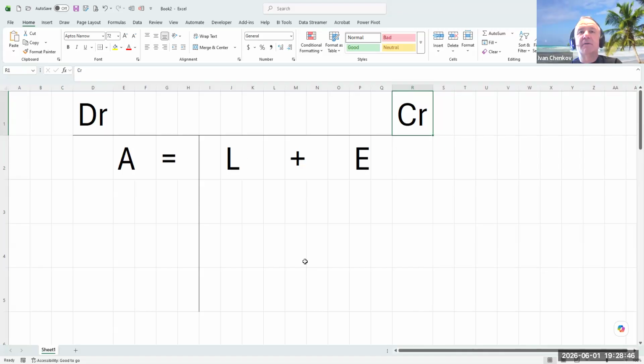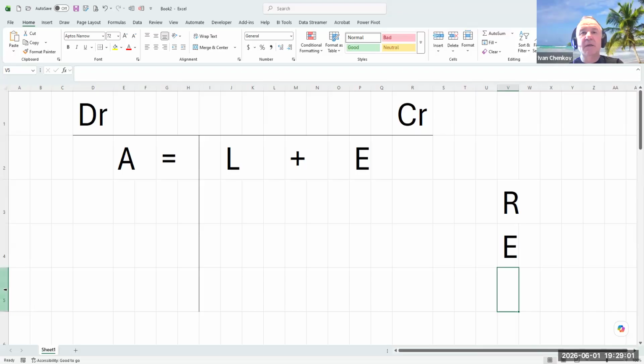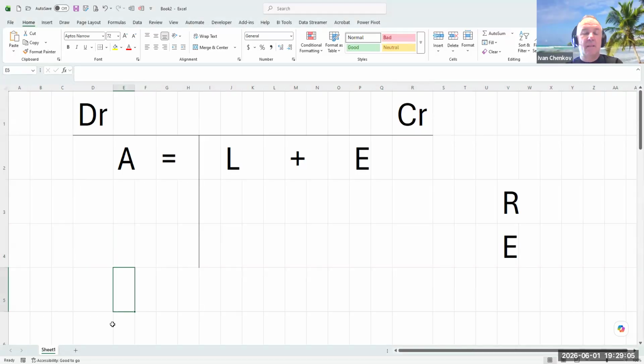But I also have a net income, right? Net income comes from the revenue minus expenses. And in the big picture, if I put revenue and expenses on one line, this is the expense and this is the revenue.